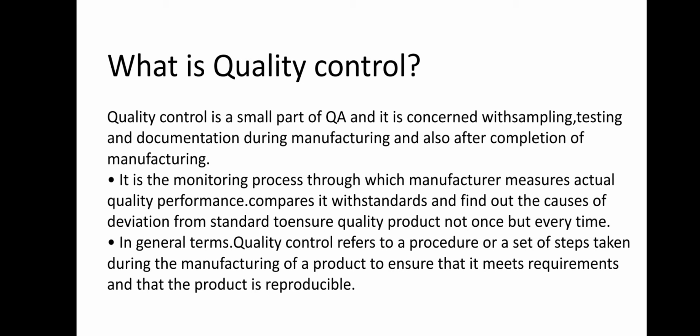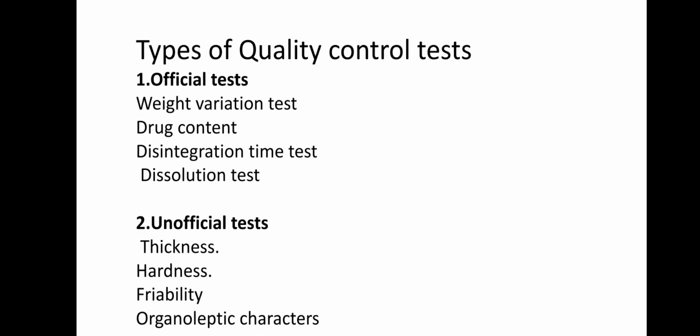In general terms, quality control refers to a procedure or a set of steps taken during the manufacturing of a product to ensure that it meets requirements and that the product is reproducible.